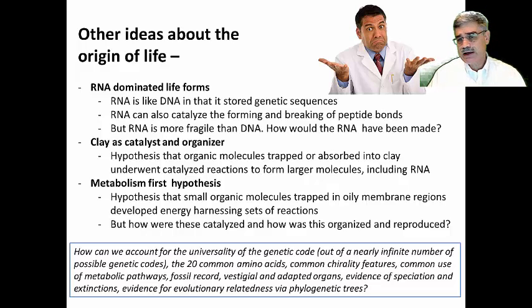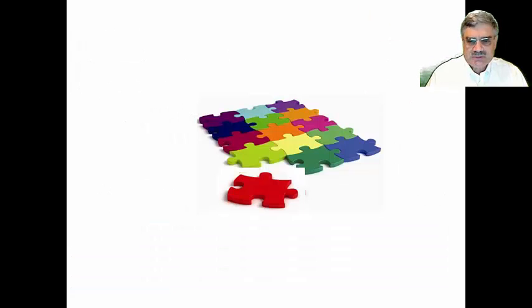And of course, we also have the fossil record, the evidence for vestigial organs, adapted organs, evidence of speciations, extinctions, etc. So there's a lot of evidence, but in some ways, these are all like pieces to a puzzle about evolution and about the origin of life.